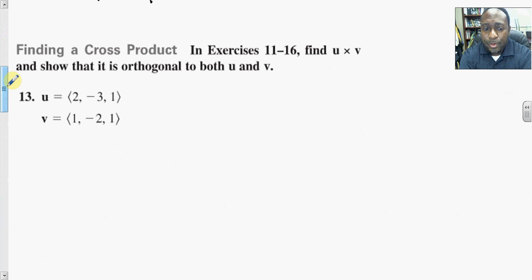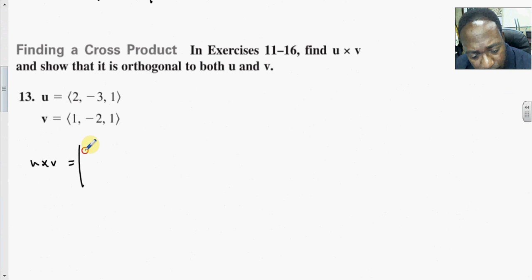So find the cross product of u and v. Oh, this is good. And show that it is orthogonal to both u and v. How do you show that vectors are orthogonal? You take their dot product. So first, we find the cross product of u and v. This is 2, negative 3, 1, 1, negative 2, and 1.